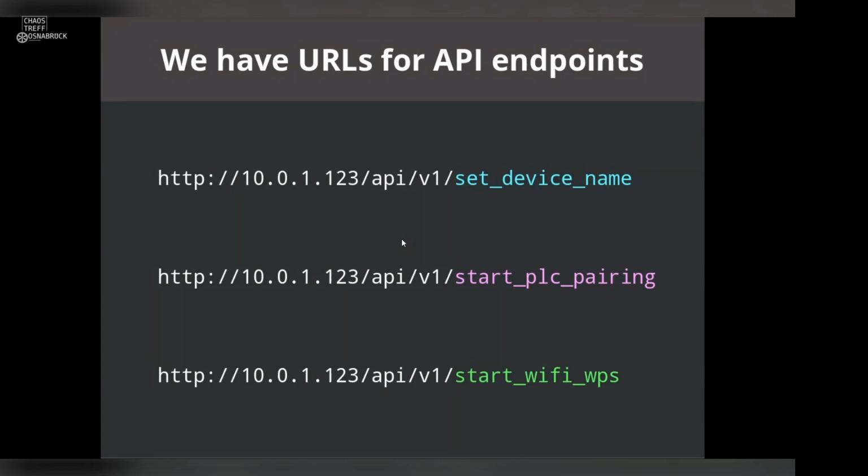And as you can see, those URLs consist of 2 parts. One part is the white part here. It's identical for all the URLs. And one part, the colored part, is different for all of them. And of course, the white part is handled by a general infrastructure inside the firmware.